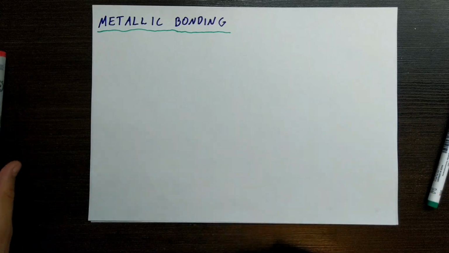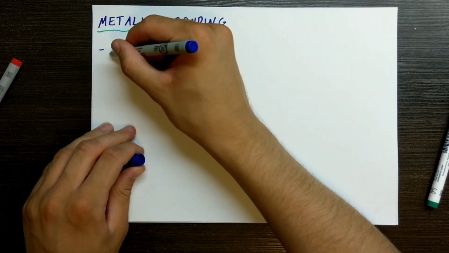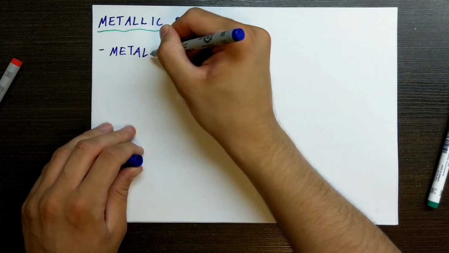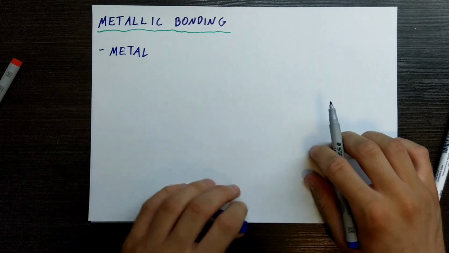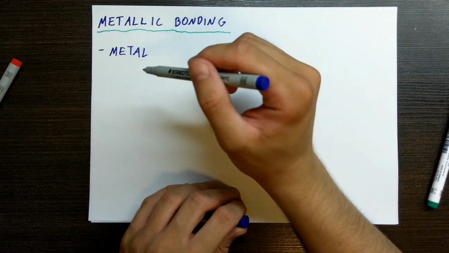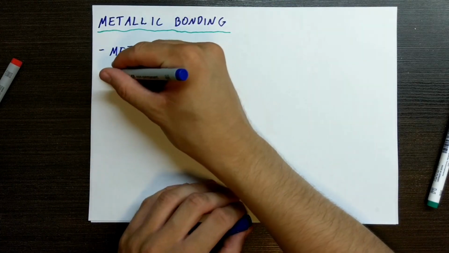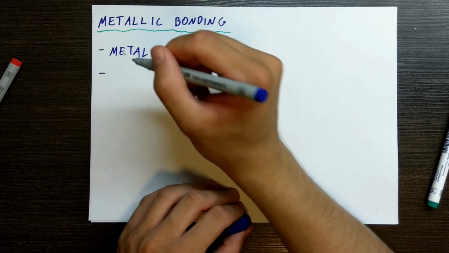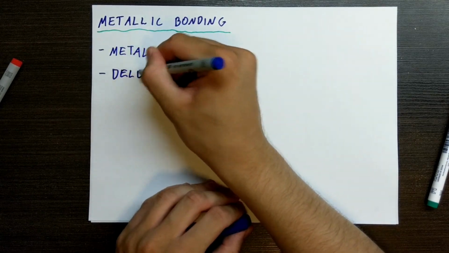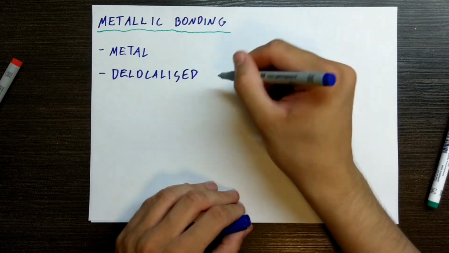Now, metallic bonding, as the name suggests, is a bonding of metal atoms. So this is all about metals. Now, how does this work? Metallic bonding relies on delocalized electrons. I'm going to write it down for you. Delocalized electrons.